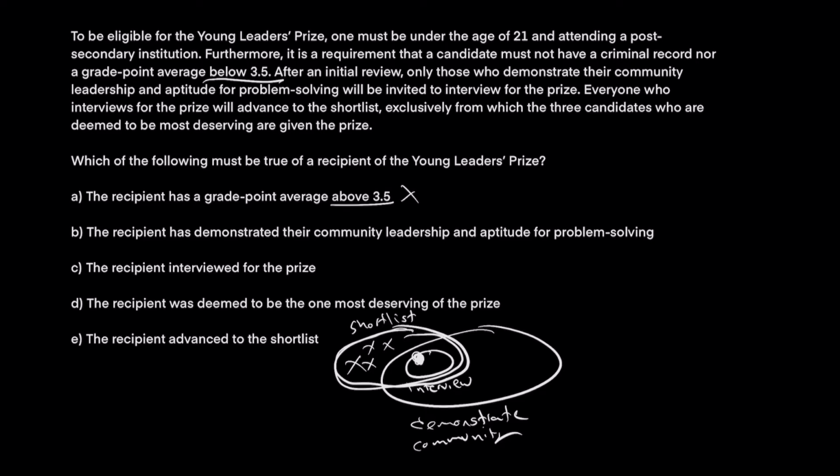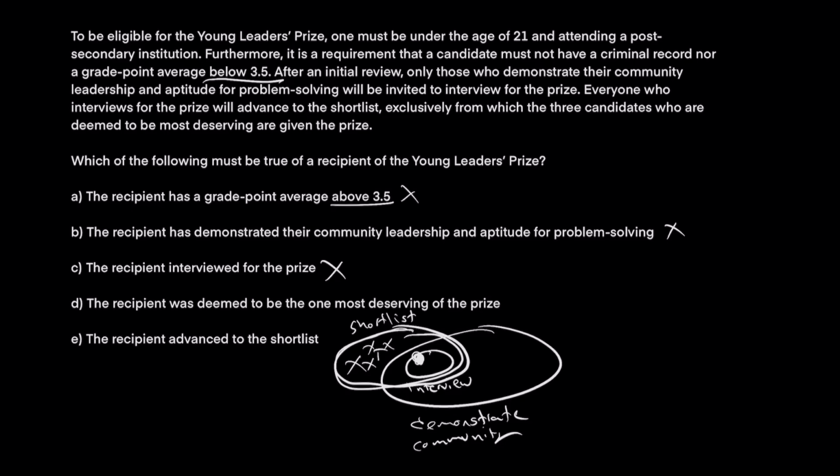So we want to be really, really careful that we don't confuse ourselves and say that you need to demonstrate your community leadership, right? So this is a wrong answer. And exactly for the same reason, this is the wrong answer, right? C is the wrong answer because there are people out here that have neither demonstrated their community involvement nor interviewed that are still part of the shortlist and therefore could still be recipients of the prize.